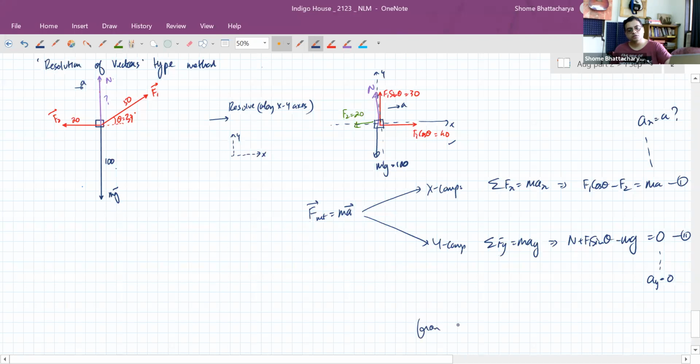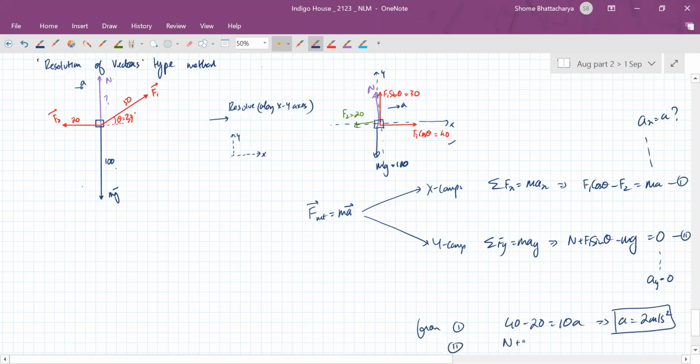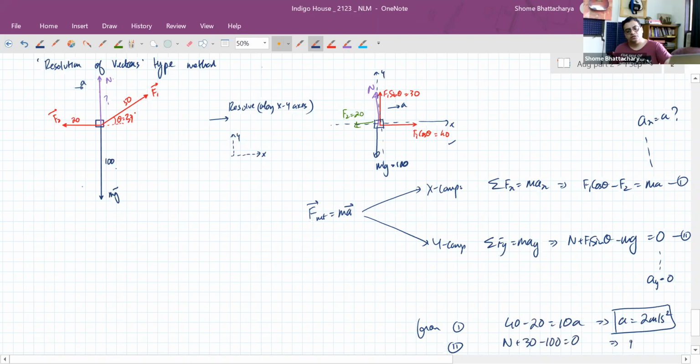So from equation 1, you can see we are getting 40 minus 20 is equal to 10a. So we're getting a is equal to 2 meters per second square. Okay, and from equation 2, we are getting n plus 30 minus 100 is equal to 0. So getting the normal reaction as 70 newtons.